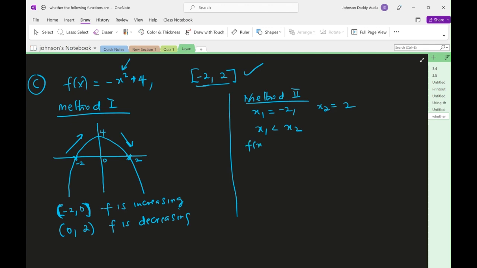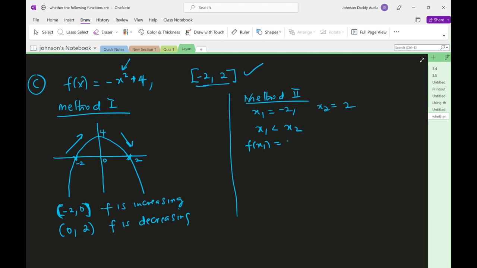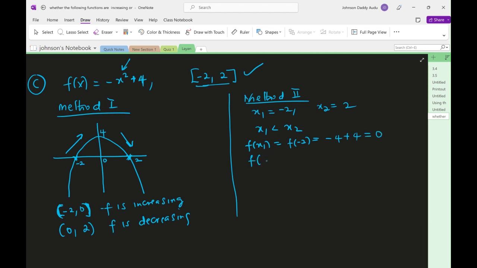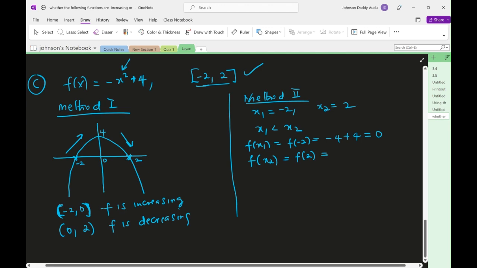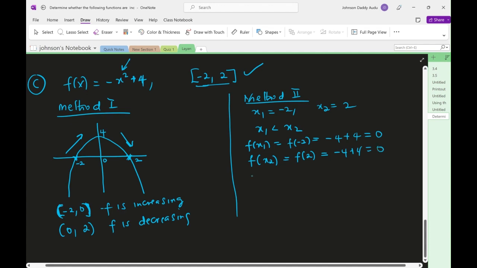Yes. But what is f of x1? F of x1 is going to be f of -2, which is -4 plus 4, which is 0. Then f of x2 is going to be f of 2, which is also -4 plus 4 equals 0.